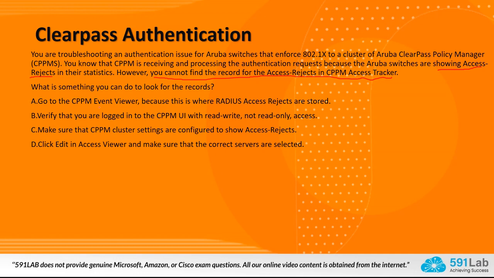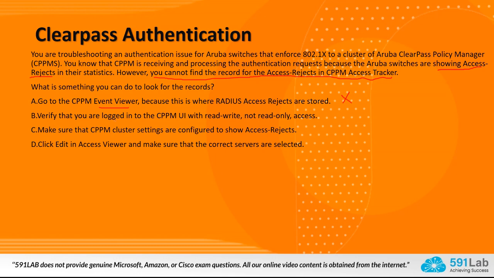The Event Viewer will get a record if you have a mismatch on the RADIUS shared key or something like this. But if the RADIUS shared key is okay and the reject happened, it would definitely go to the Access Tracker, so this one would be incorrect.